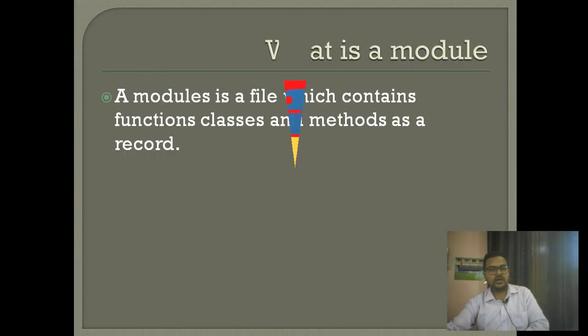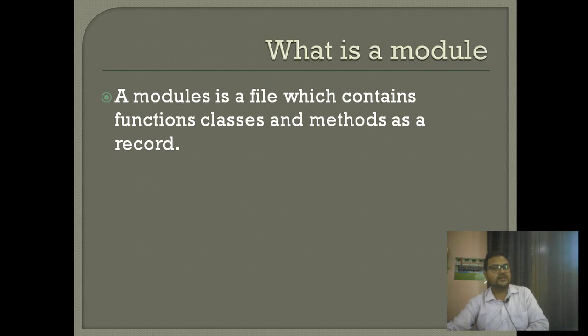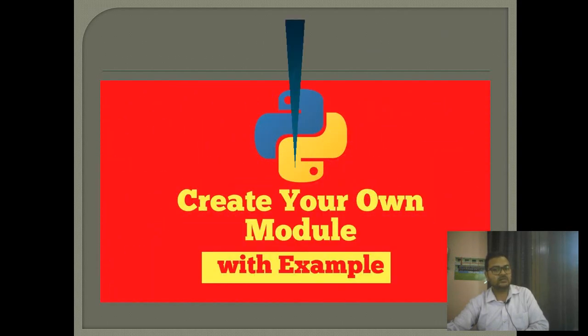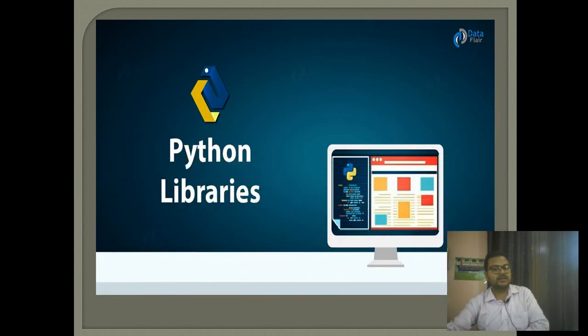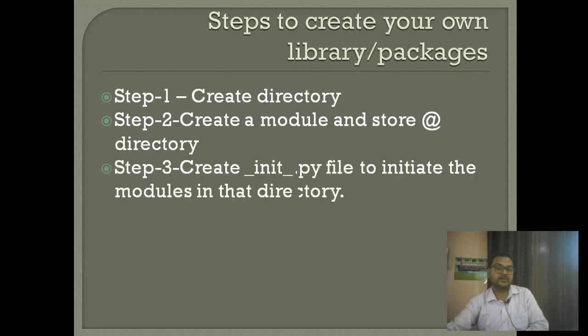So here we can say one thing. If we talk about the module, a module is a file which contains functions, classes and methods. But if you talk about Python libraries, what is it? It is a type of directory or package which contains the modules as a record, inside which modules of the specific task are kept. And here we have these three important steps.